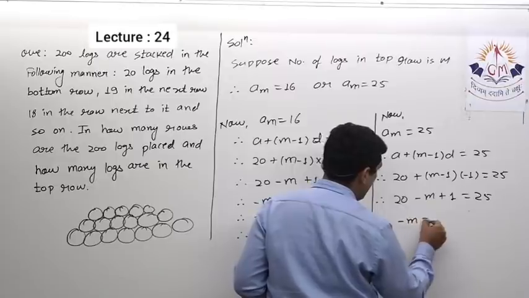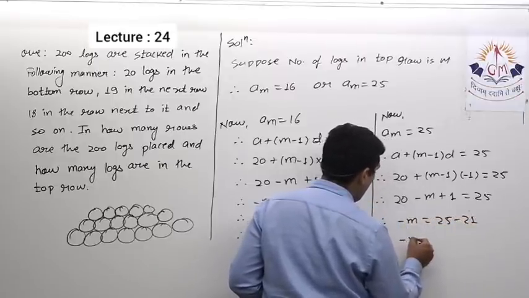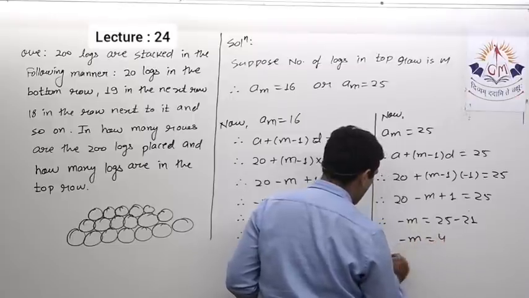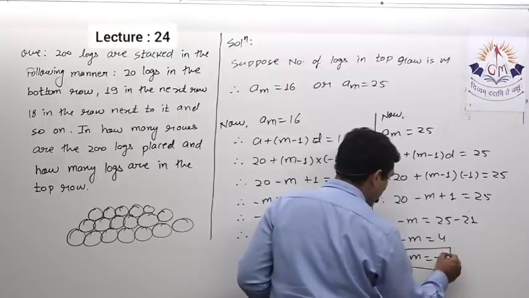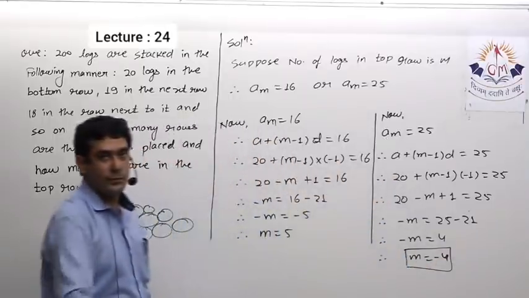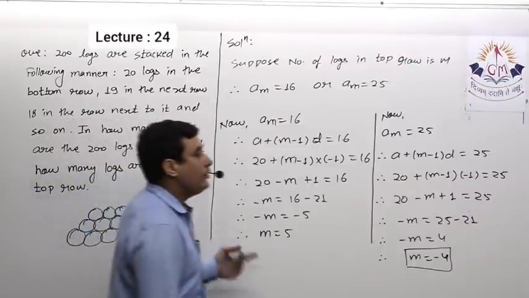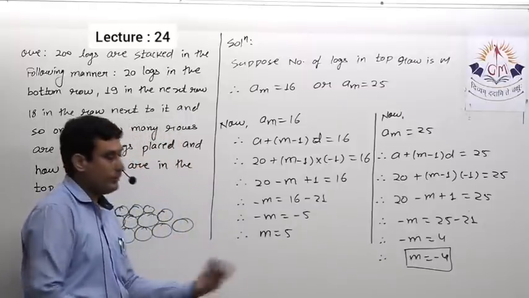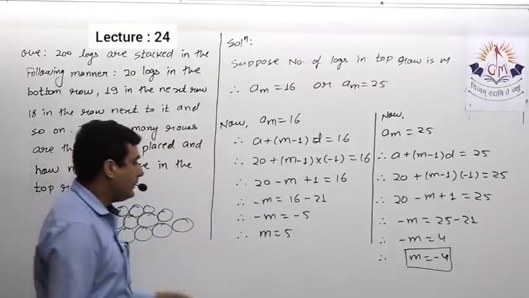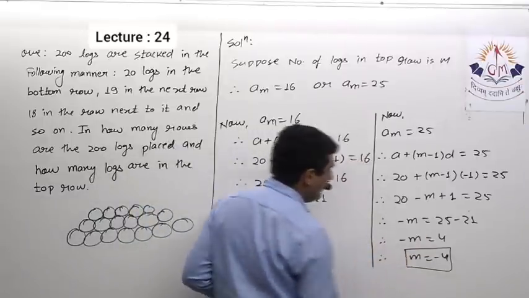Therefore minus m is equal to 25 minus 21, so minus m is equal to 4 and ultimately m equal to minus 4, which is not possible. The number of logs cannot be negative, it should be positive; at the most it can be 0. There are no logs in the top row, but again it is not possible. If there is a top row, definitely there will be some logs in that. So here the number of logs cannot be negative.